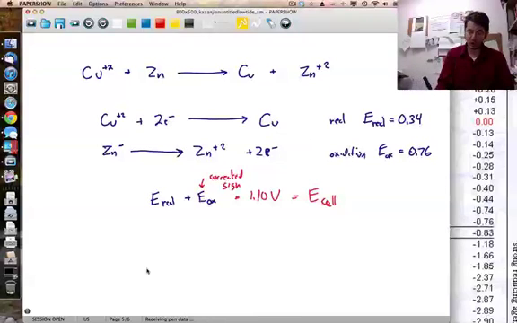Now, since these are all recorded under standard state conditions, we would call this E naught. Right. Now, some books use E red minus E ox, where this is the uncorrected version.